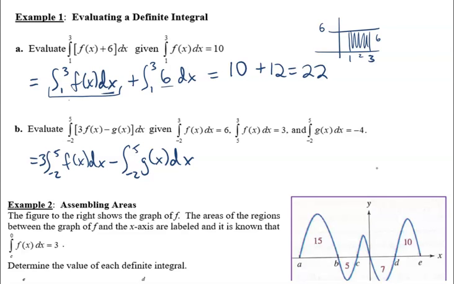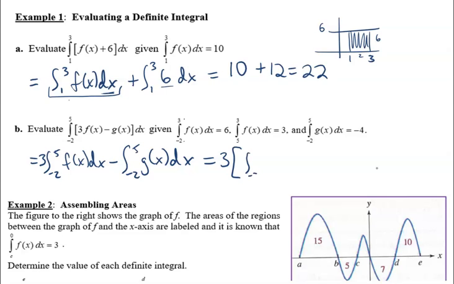3 is a coefficient, and then the integral from -2 to 5 of f, so let's see what we have. We know the integral from -2 to 3, and the integral from, okay, so notice this is from 5 to 3, okay? So I'm going to, and you don't always have to write all of this out, but I'm going to go ahead and do that since this is the first one I've done like this. So this is 3 times, and I'm going to split this from -2 to 5 as the integral from -2 to 3, and then the integral from 3 to 5.